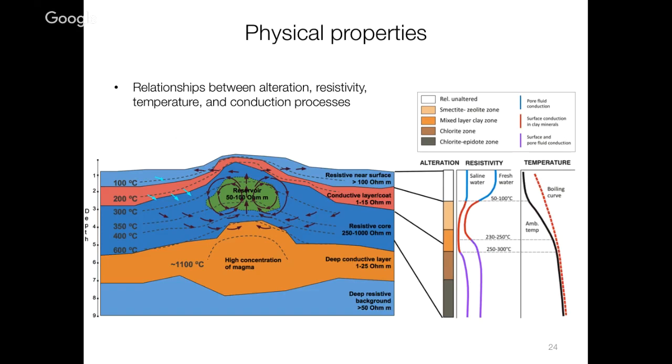A refinement on that is that we can have additional water circulation working in like this, and that will actually reduce the electrical resistivity. So the goal for this study was to find this resistive core, but actually to find regions within that resistive core that had a lower resistivity. Okay, so we're looking for this lower resistivity within the host resistive core.